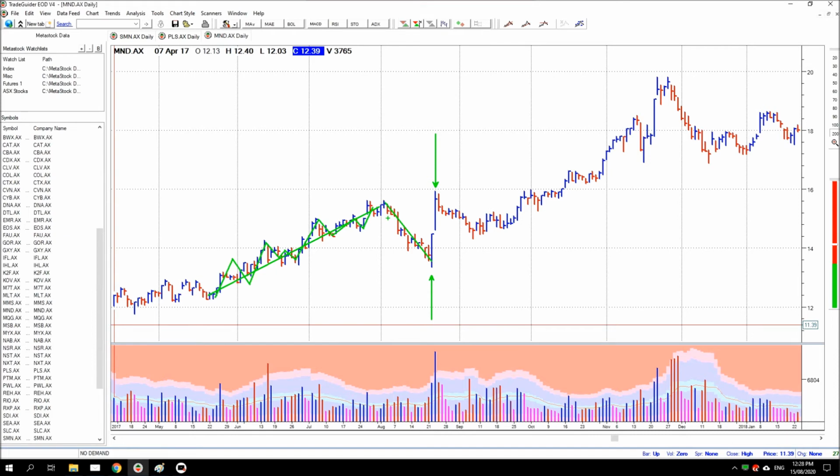Now, I'm guessing, without knowing exactly, that this was a buy the offer situation where someone was wanting to build a position because a few days later there was a new substantial shareholder announcement.